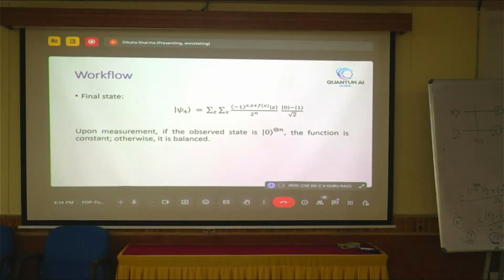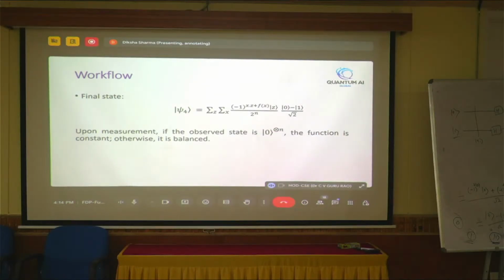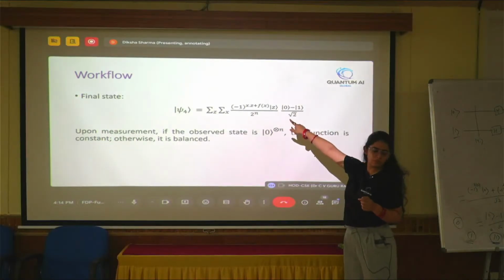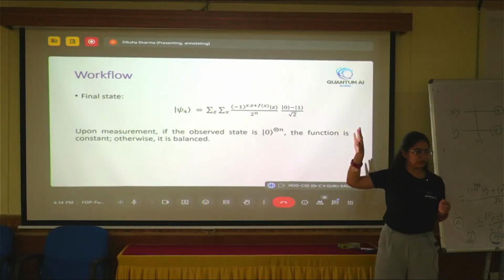And of course, we are only applying the Hadamard gate on the x register. Another thing, minus 1 power f of x by root 2 to the n is still there. So it is coming in here as x dot z plus f of x. So this particular equation at the end we will get.